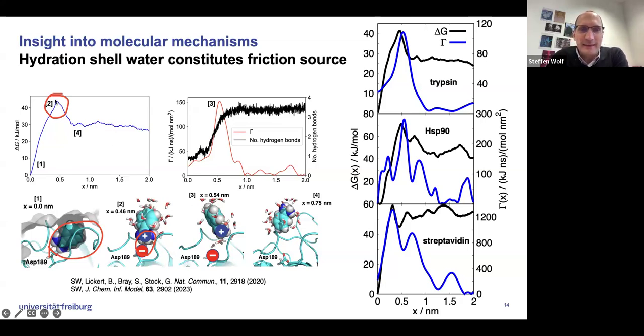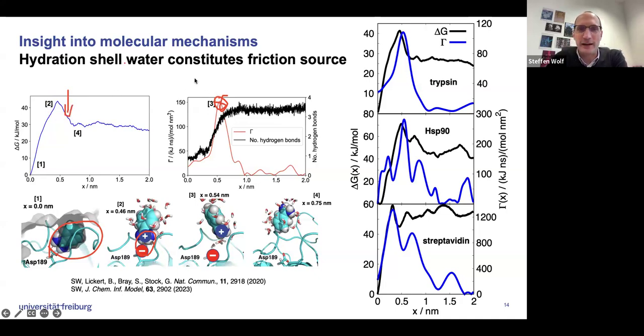However, what we then see is that this is the transition state in the free energy, but the peak in friction here at 3 is not appearing directly at the transition state, but directly after, here at the slope.